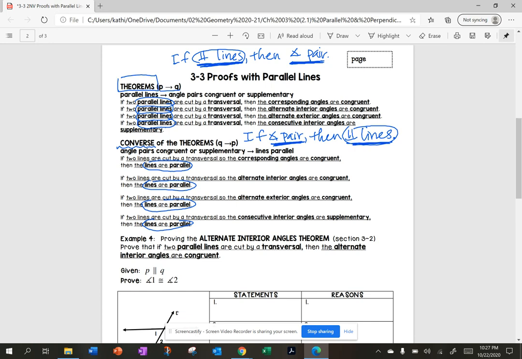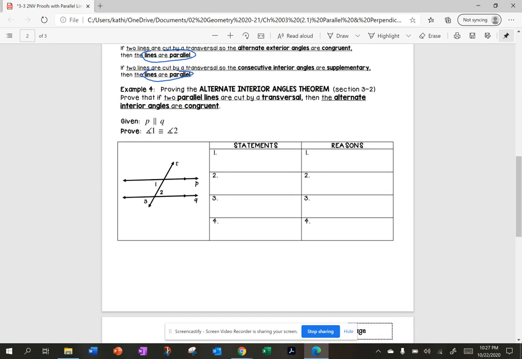All right, so let's do an example here. This is proving the alternate interior angles theorem. Prove that if two parallel lines are cut by a transversal, then the alternate interior angles are congruent. Okay, so we're going to write our proof the way that we've been writing them. I can always fill in 3 parts right away.